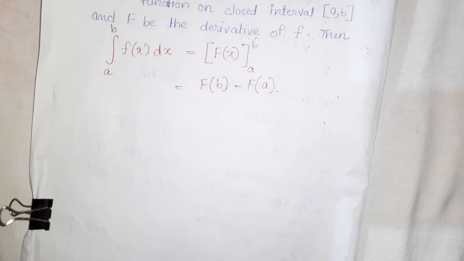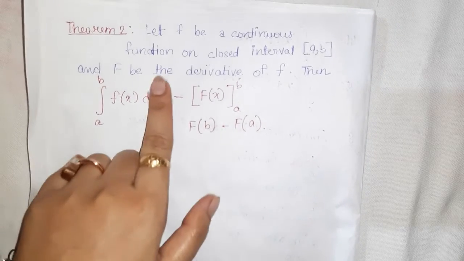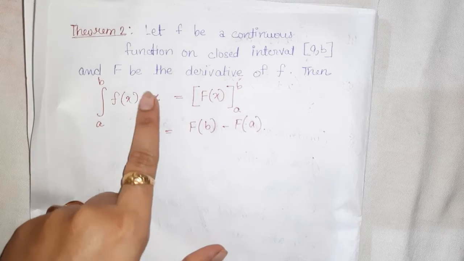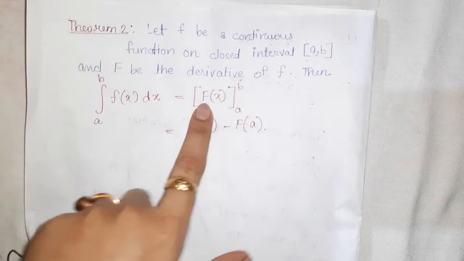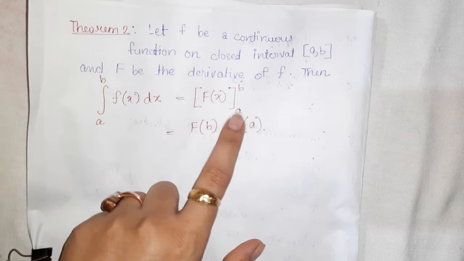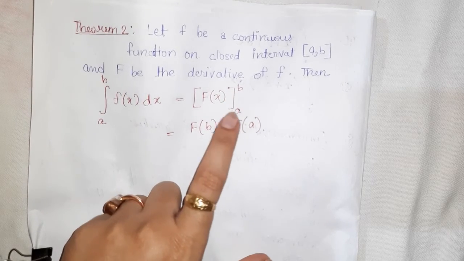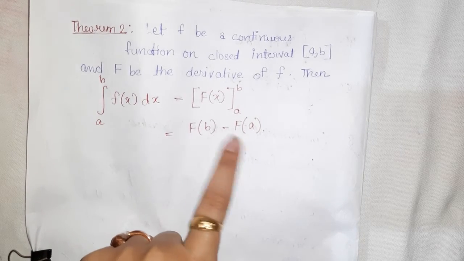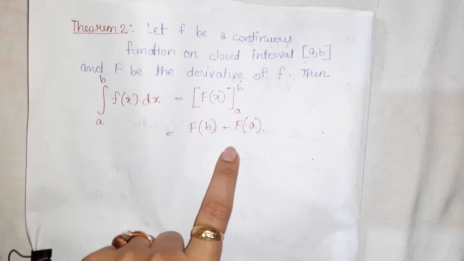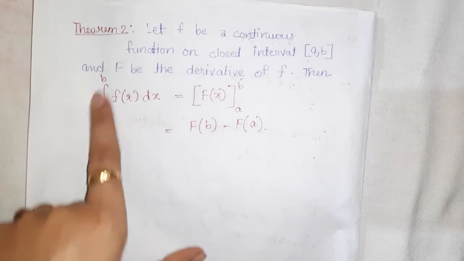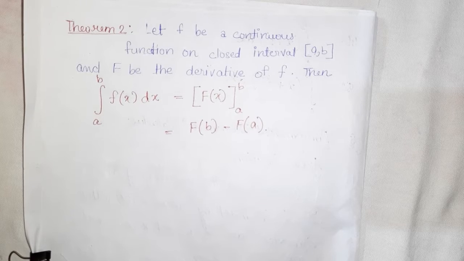Okay, so this is the second theorem. So the integration of the given function, small f, has a value equal to the derivative's function, where we put the lower limit and the upper limit, and after that you have to subtract these two values, the functional value at b and the functional value at a. Okay, then you will get the integral value of this function.